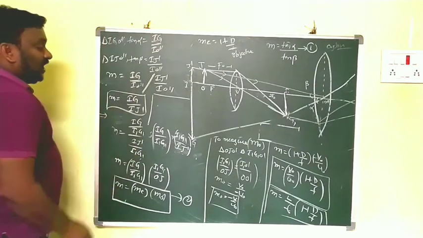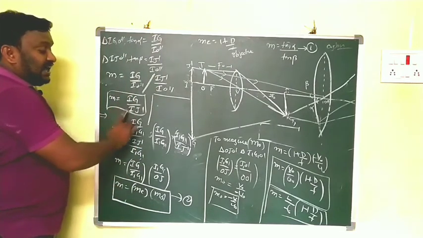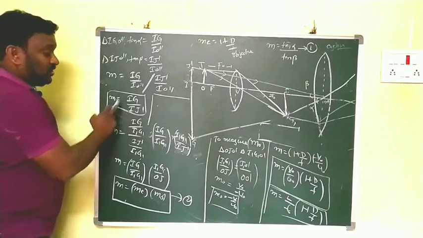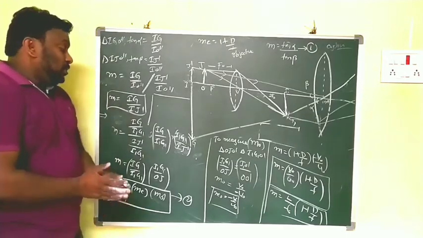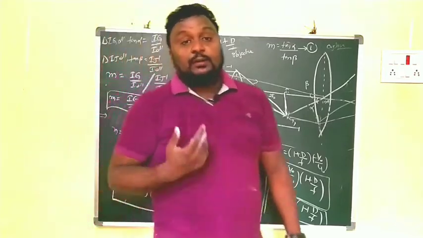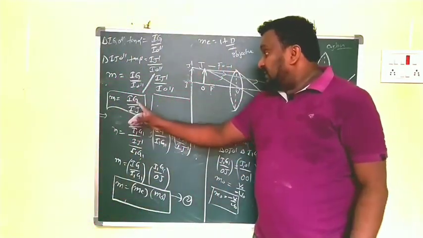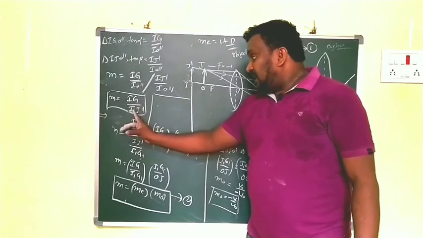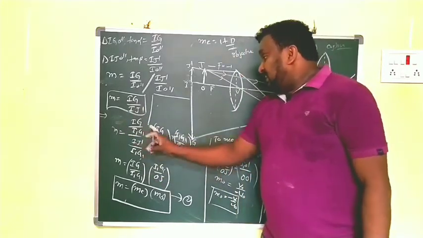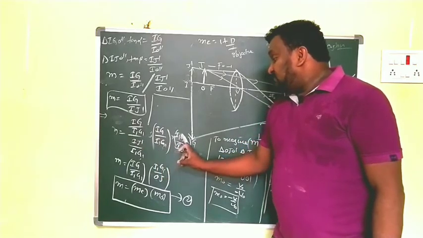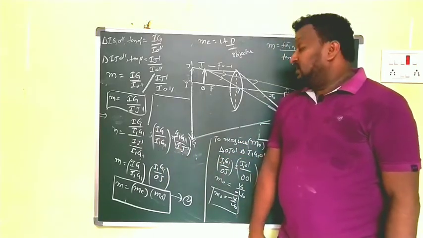So we substituted that and we are getting IC by IJ dash. After that we have to divide the numerator by I1Z1. We are dividing IC by I1Z1 and IJ dash by I1Z1. Then we get IC by I1Z1 into I1Z1 by IJ dash. Clear?